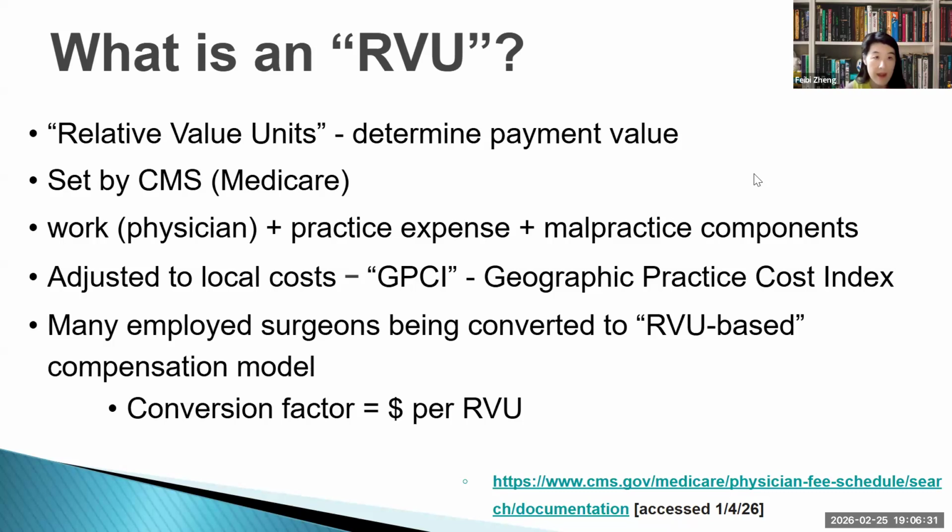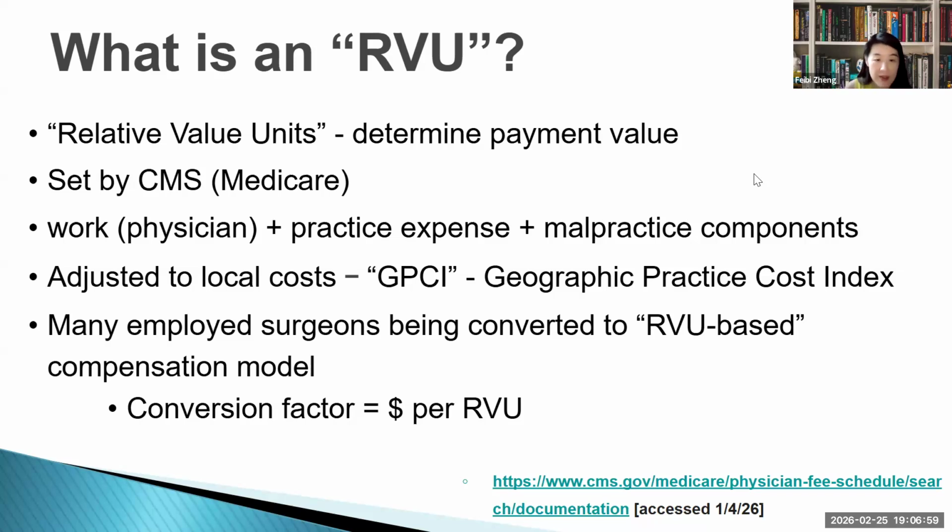And I would say that the migration in the US is most people are being converted to some sort of work RVU model. The dollar per RVU is going to be different than the dollar per work RVU. And in general, the dollar per work RVU is actually higher than the dollar per RVU.